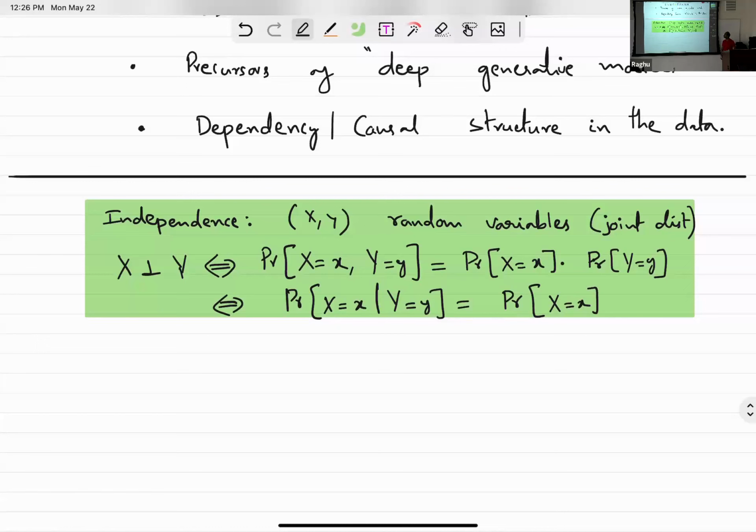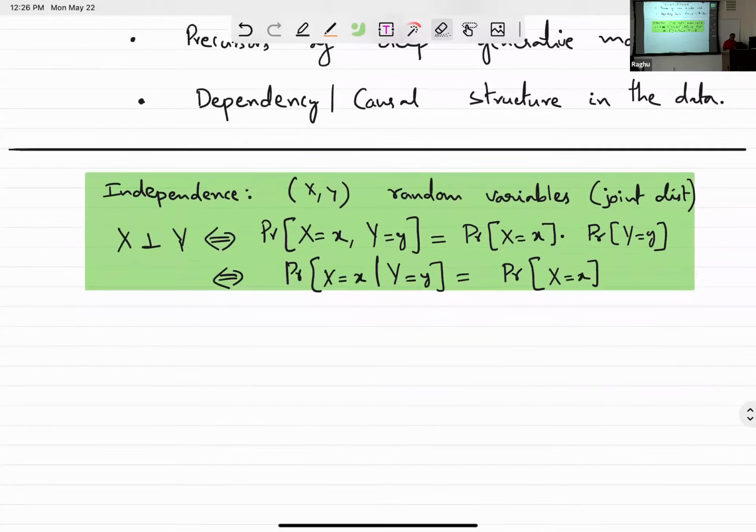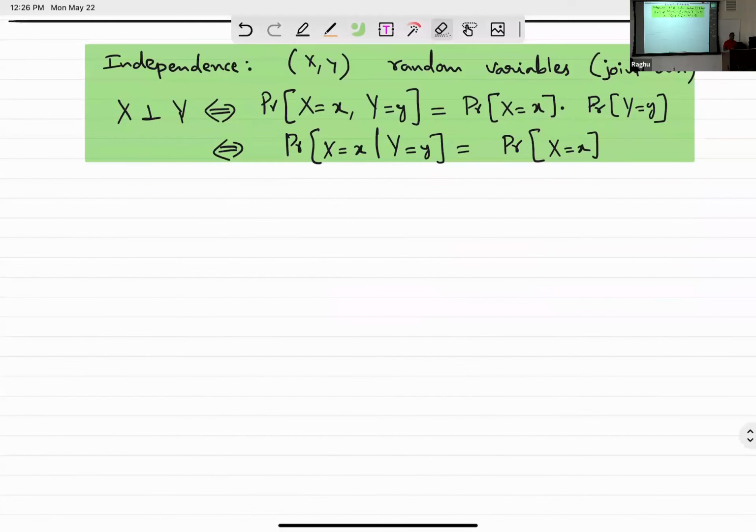Okay. Let's say I'm tossing a coin 2 times, the chance that the first coin is heads and the second coin is heads, these are two independent events, right? So if you think of a bunch of random variables, then you can say, I'm trying to identify which features are correlated with each other.